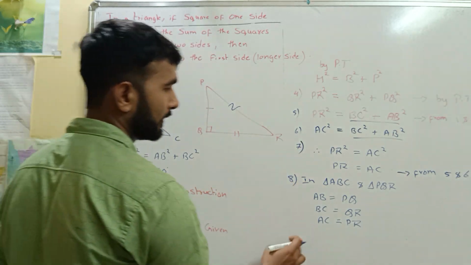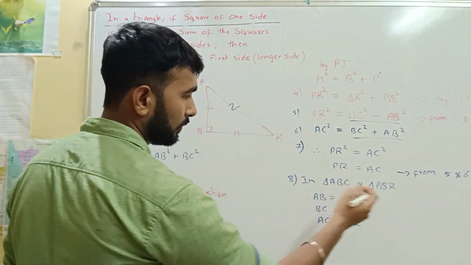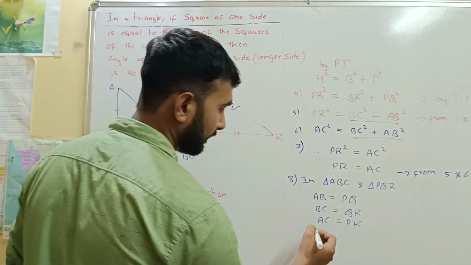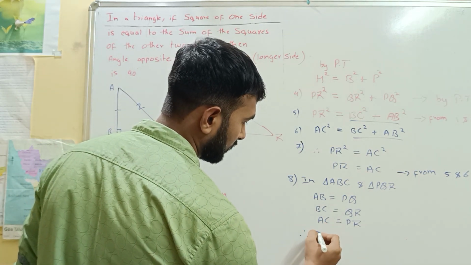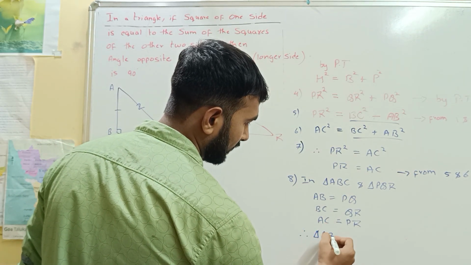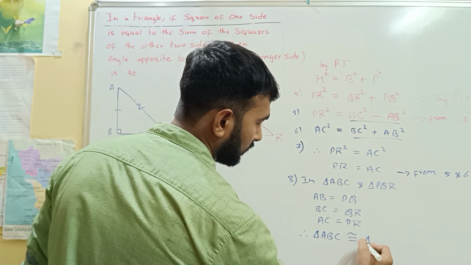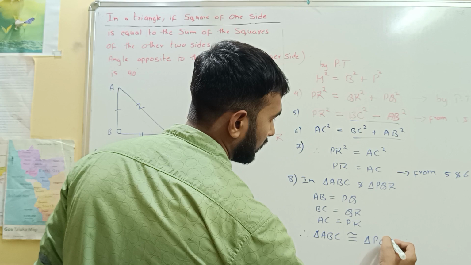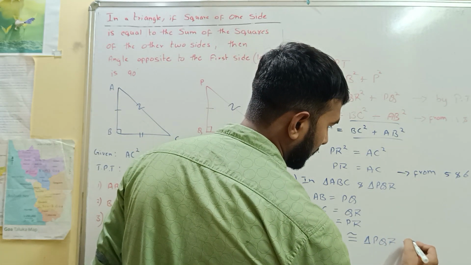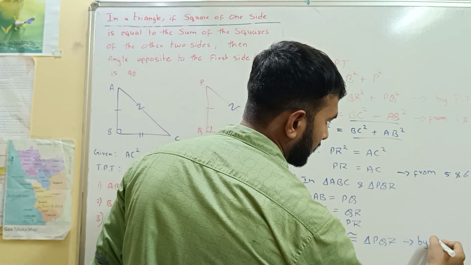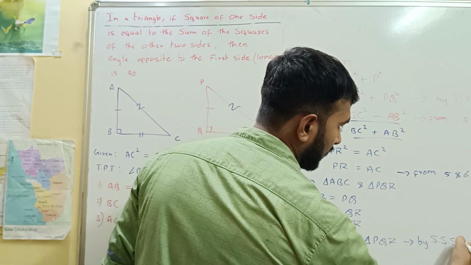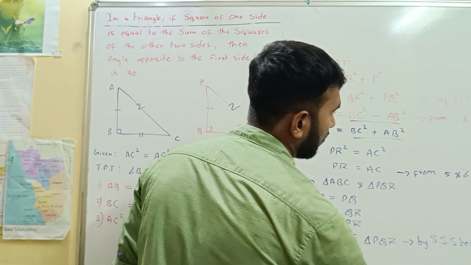Now all three sides are equal to those of this triangle. Therefore we can say that triangle ABC is congruent to triangle PQR. The reason should be by SSS test. Okay.